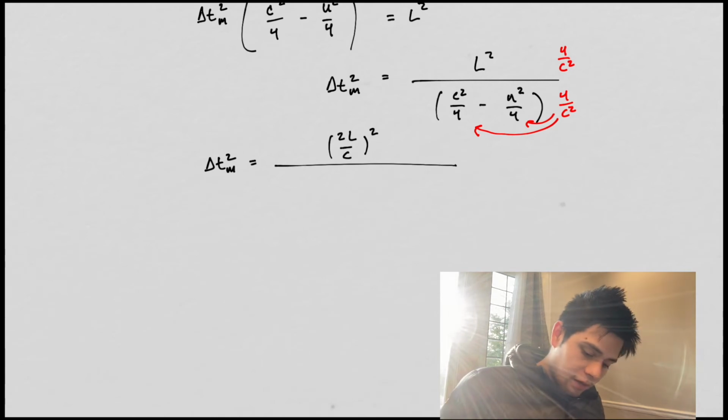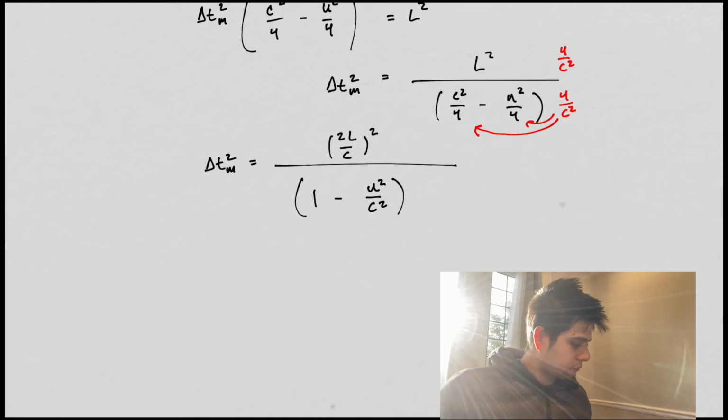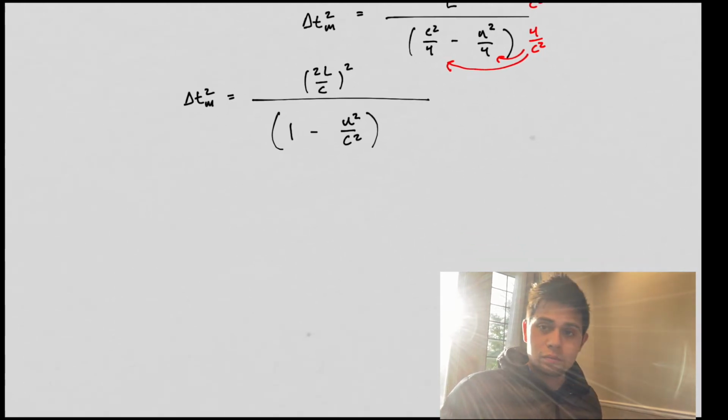Now, we're going to get 1 minus u over c. Right, we're almost there. We could take the square root of both sides.